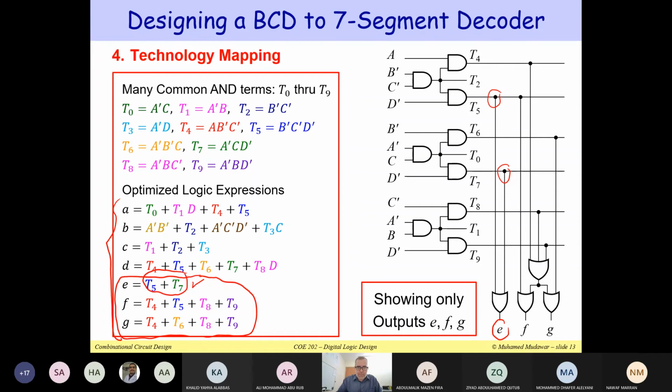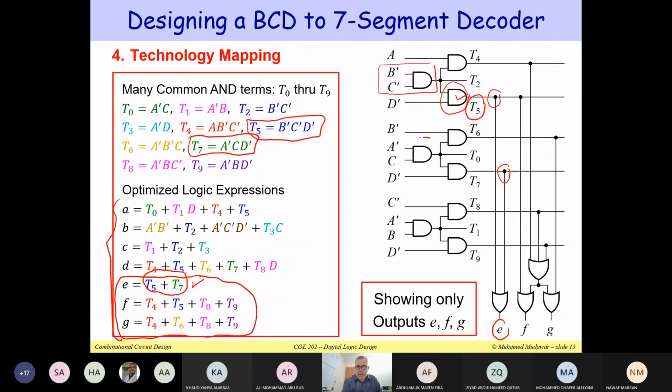Notice that T5, what is my expression for T5? It is B prime, C prime, D prime. So this is B prime, C prime, and I need another AND gate to AND it with D prime, and the output of this AND gate here will be T5. In the case of T7, the term is A prime, C, and D prime.